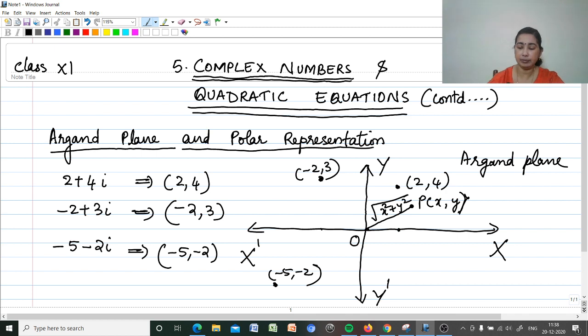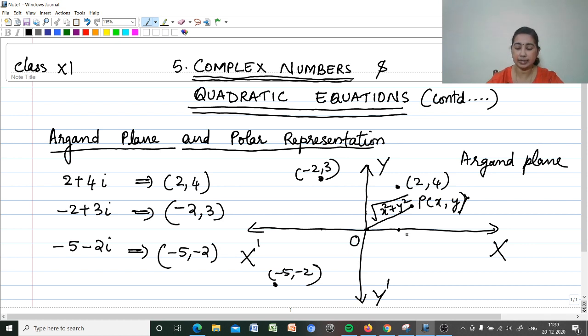So the distance from the origin to a point P of xy is root of x square plus y square, which is also the distance from the origin to the complex number x plus iy. In ordered pair form we write x plus iy as x comma y, and the distance is found using root of x square plus y square.